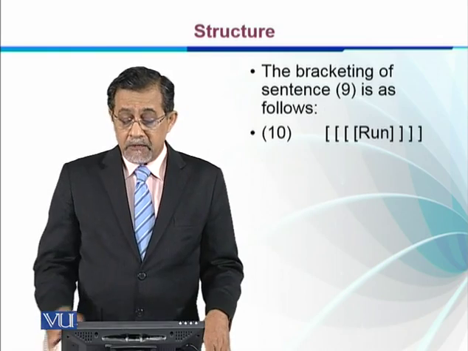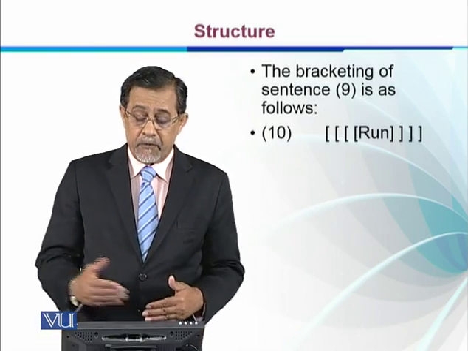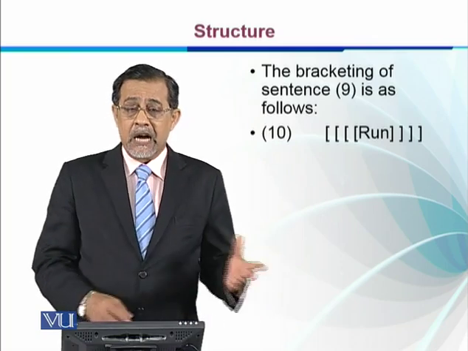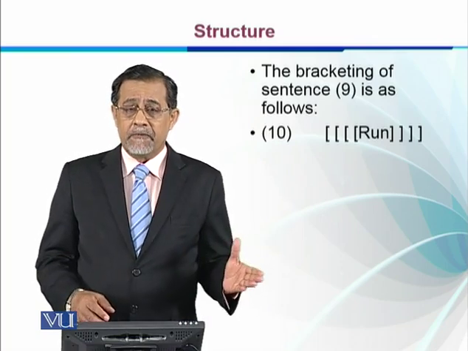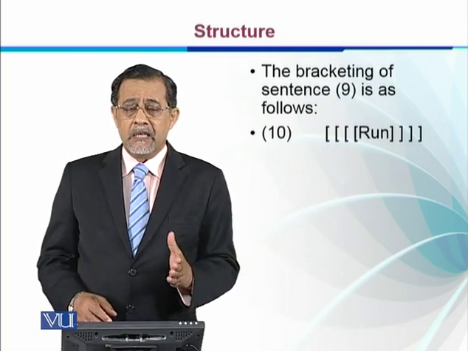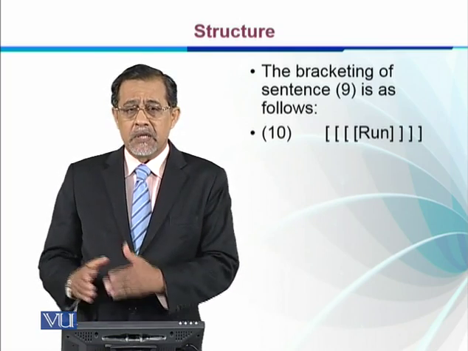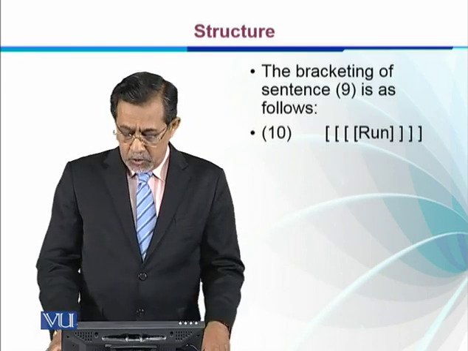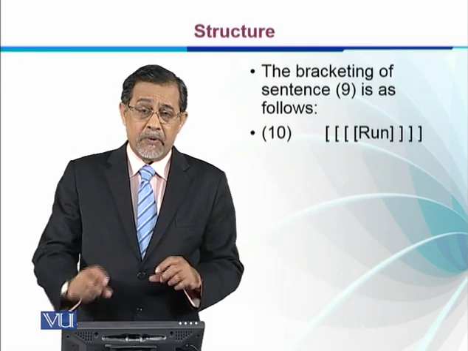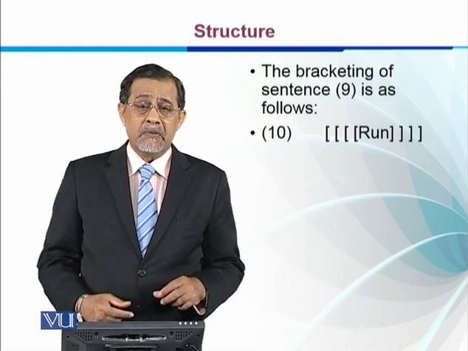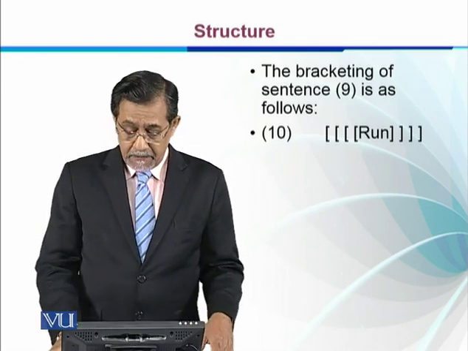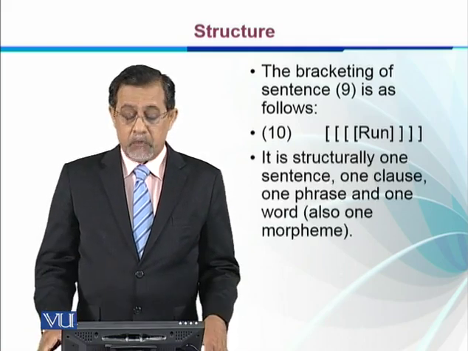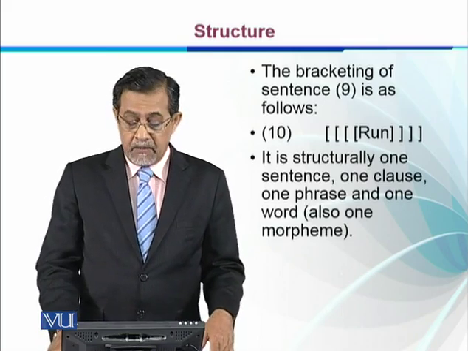So you can look at the four steps: word, phrase, clause and sentence. The first one, the outer square, is the sentence. The second one is the clause, the third one is the phrase, and the fourth one is the word, right? So this is how we can know. From this you can also understand the previously discussed sentence. It is structurally one sentence, one clause, one phrase, one word, and obviously one morpheme.